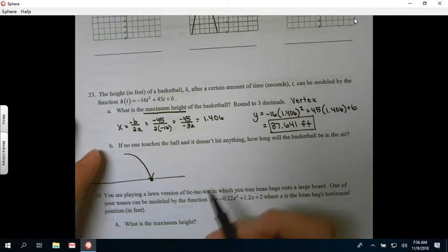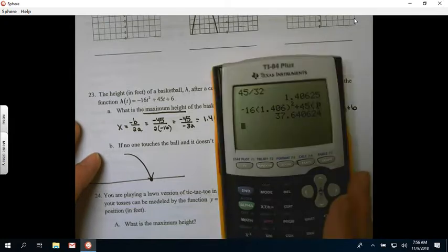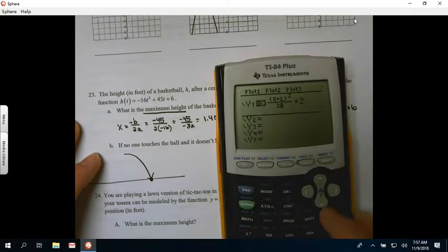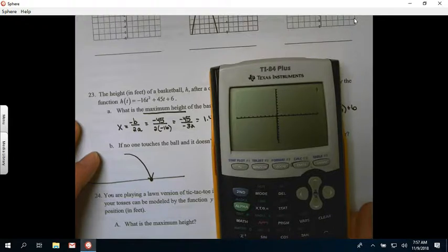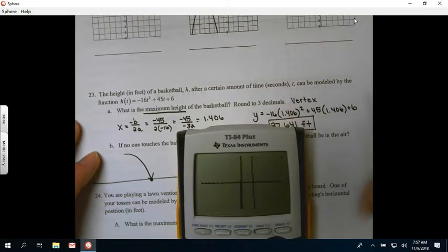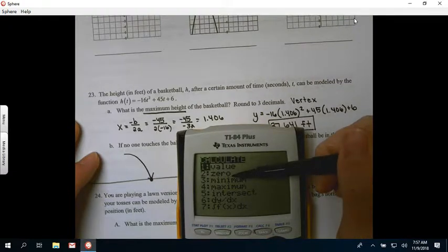I can use the quadratic formula, or I can actually graph this equation in my calculator. And I can see, even though I can't see the top, I can see right here where it intersects. So if I go to second calc, we have an actual choice called zero.